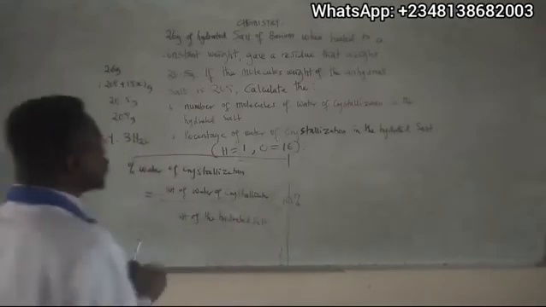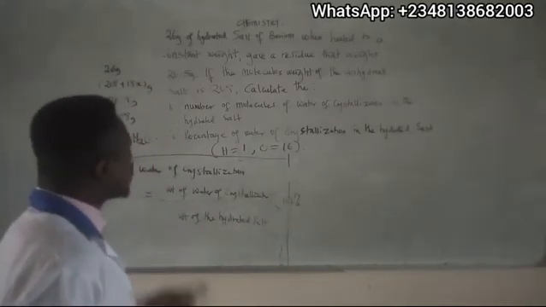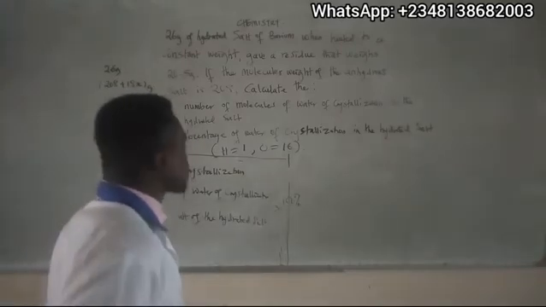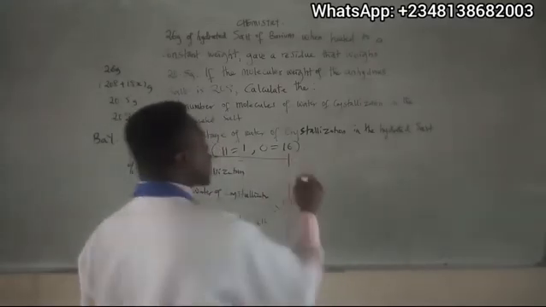So this is the formula we use to determine the percentage water of crystallization. Let's start with the weight of the water of crystallization. Weight of water of crystallization is the difference in weight.